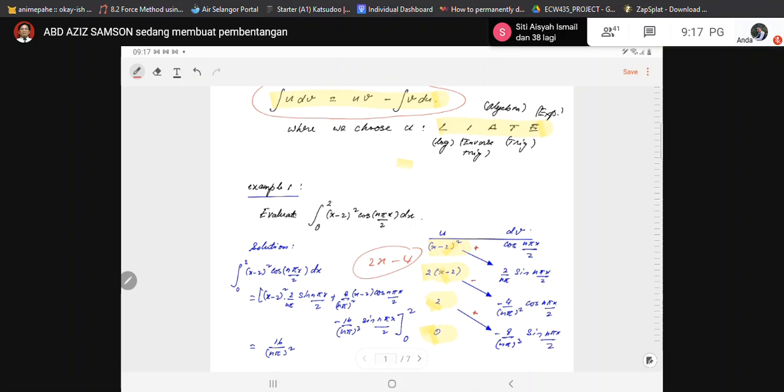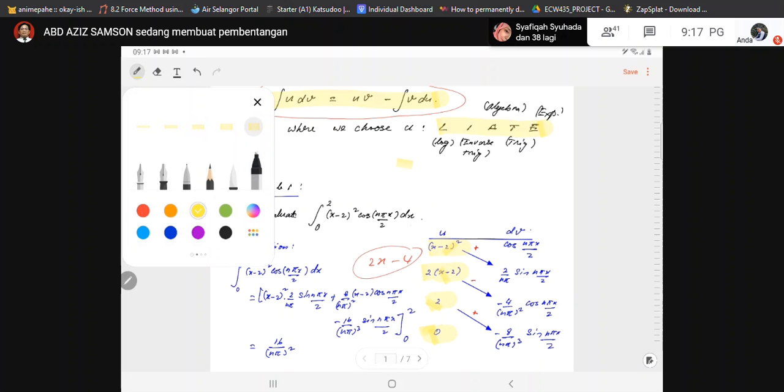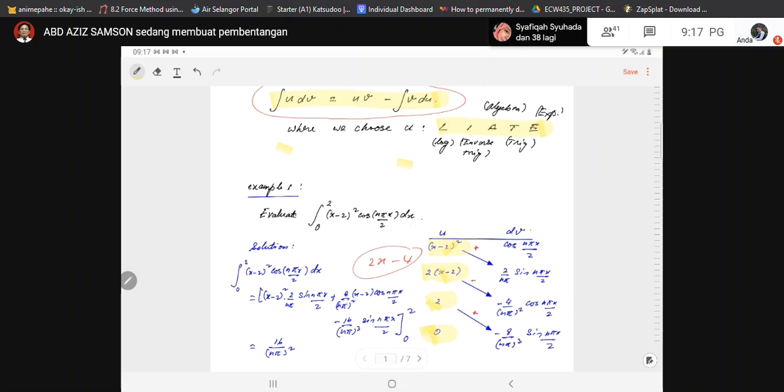On the other column, the second column, we integrate. So here we integrate cos of n pi x over 2.